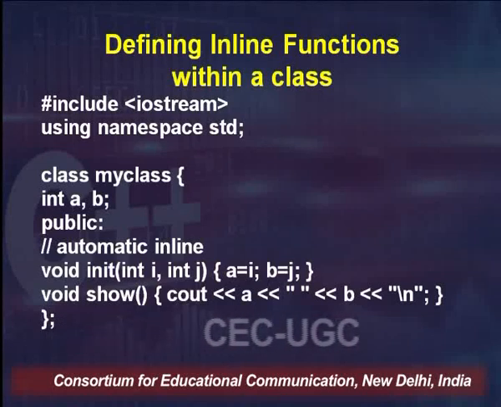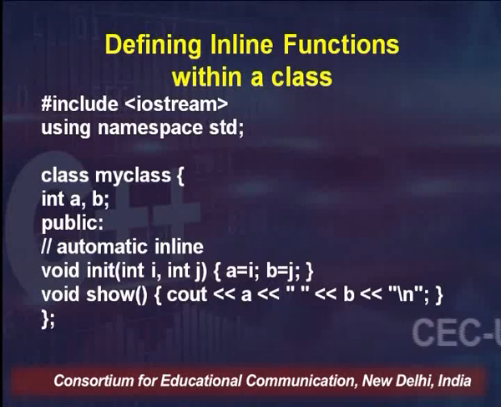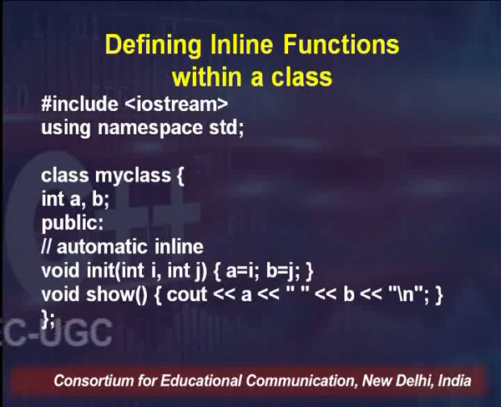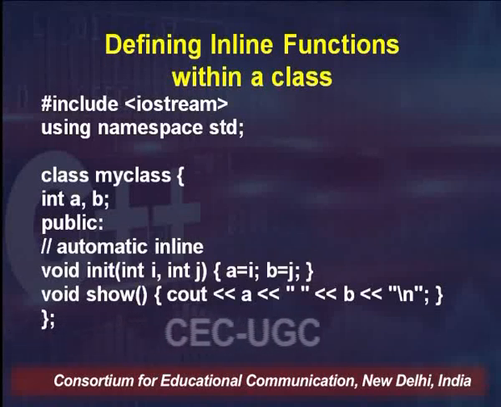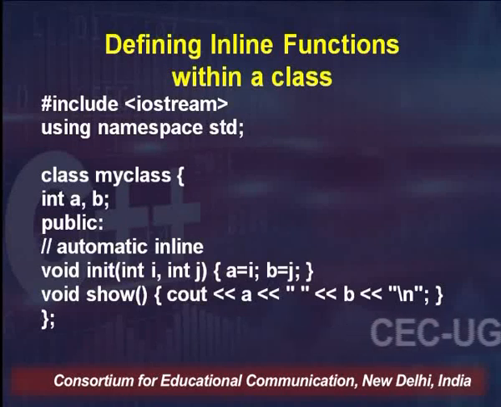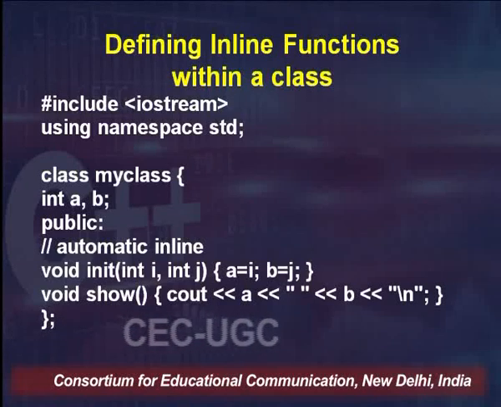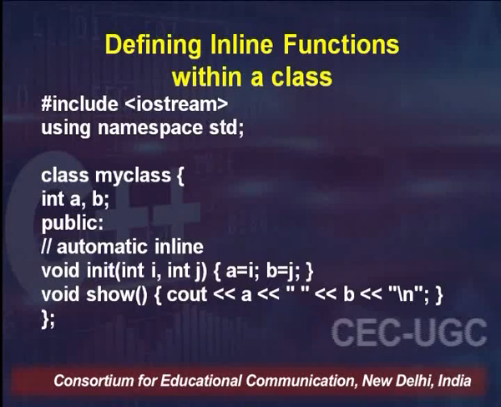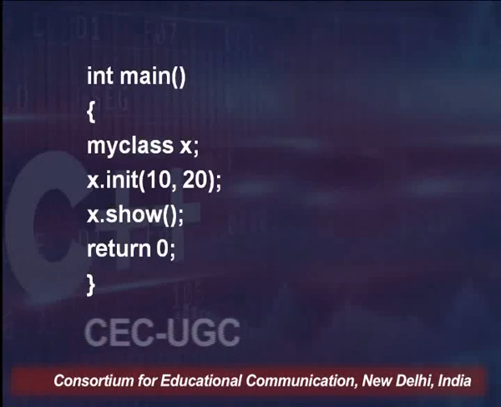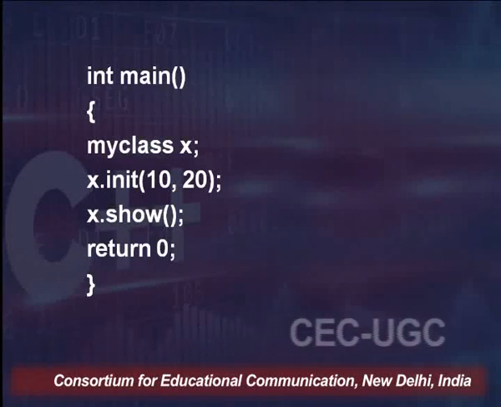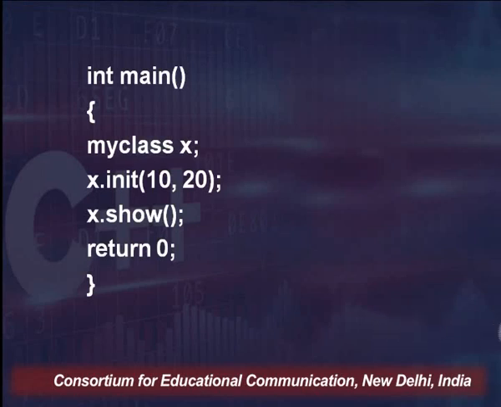So now the differentiation is very clear. If the function is defined within the class, it will be taken as inline automatically, and if the function is defined outside the class, then to make it inline it has to be preceded by the keyword inline. Within the main function, we take one object of my class, named x here, then x dot init 10, 20, and then x dot show.